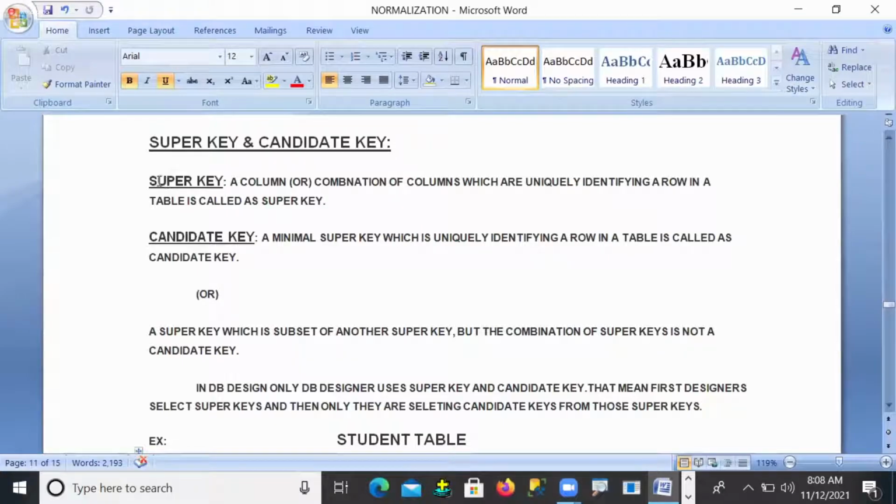Now, the super key definition. Let us focus on super key first of all.